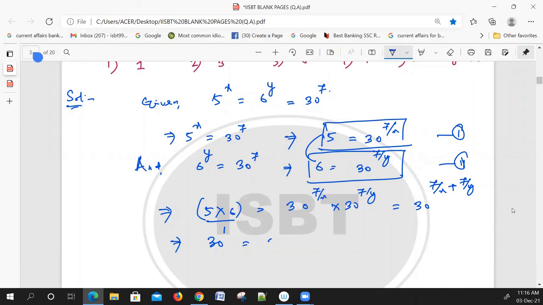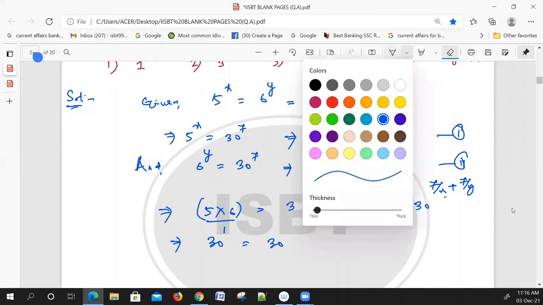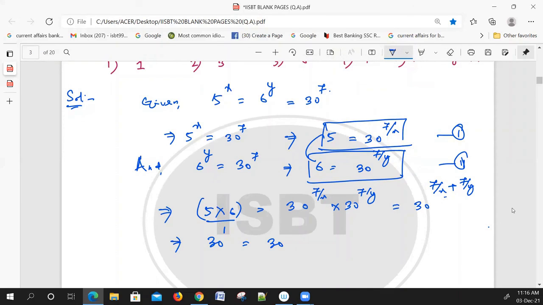Here is 30 to the power, take LCM xy, 30 to the power 7/x plus 7/y.